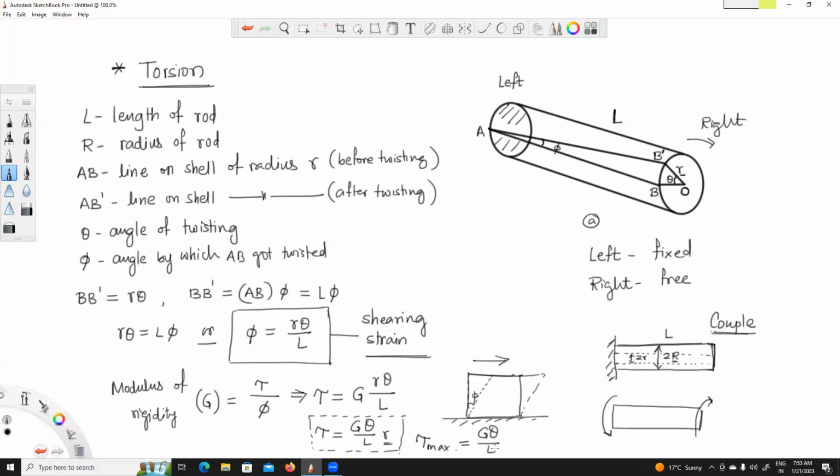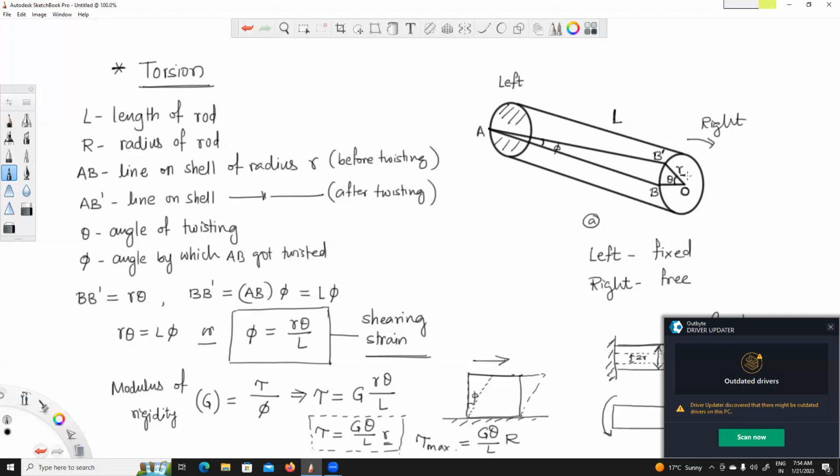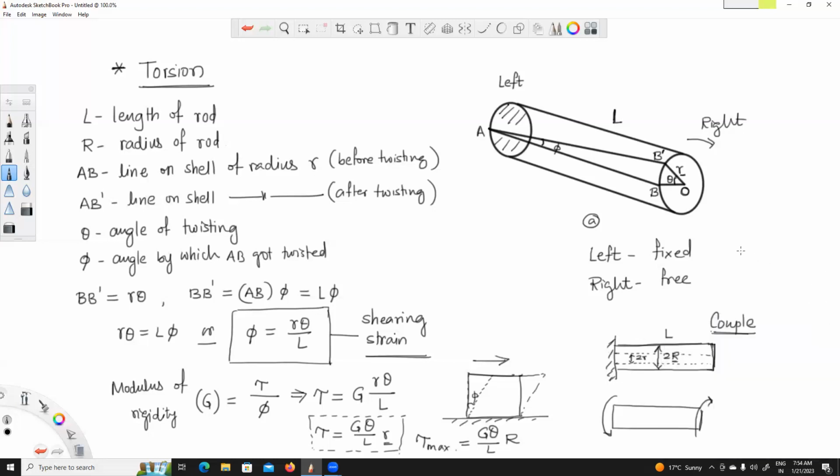So G theta upon L, and the value of radius would be maximum on the outer surface, and on the outer surface, the radius would be equal to capital R, which is the radius of this particular rod. So the shearing stress would be maximum on the outer surface of the rod, and it would be zero at the axis, because when r equals 0, this radius becomes 0. So the radius basically becomes 0 on the axis. So on the axis, there will be no shearing stress at all.